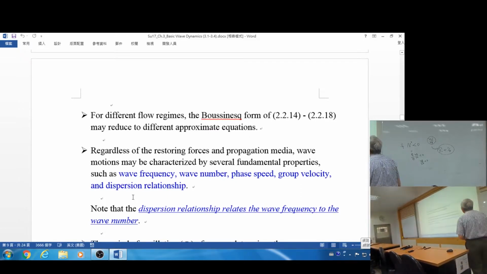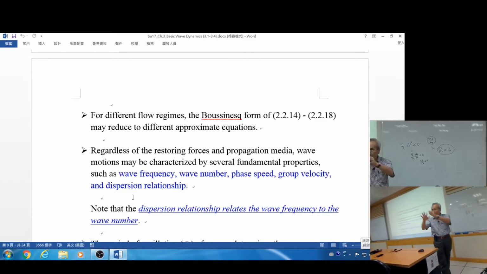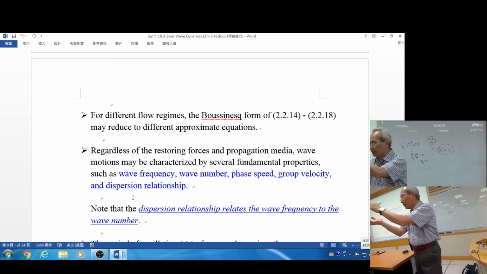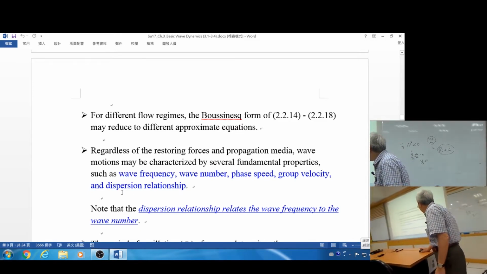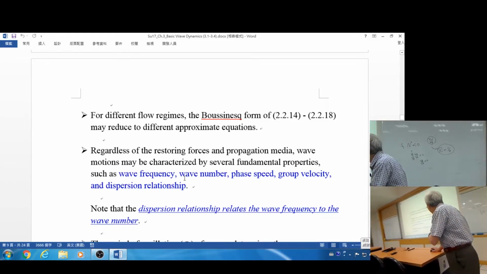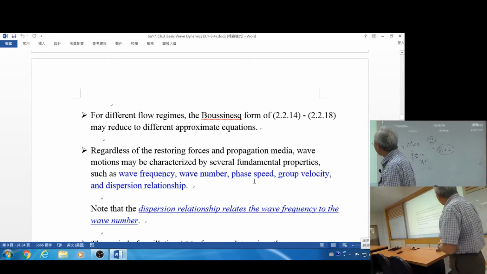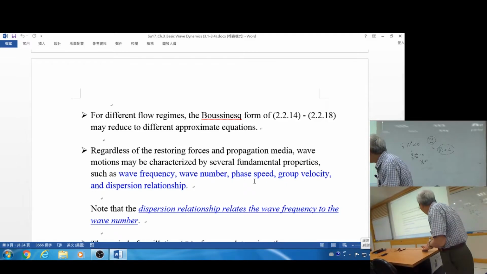Next thing I want to talk about is that when you have a wave, there are certain properties: wave frequency, 波频, phase speed, 波速, group velocity, 群速, and dispersion relations, 频散关系.